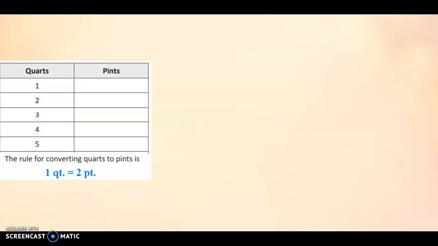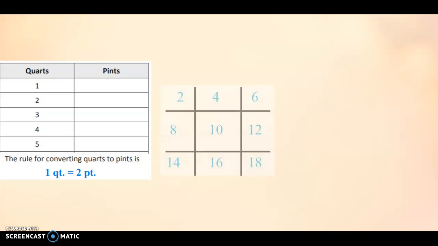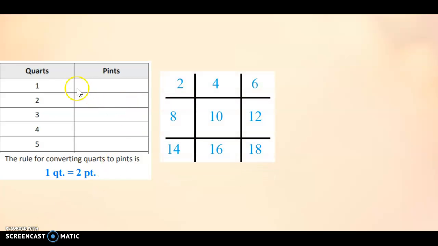In today's lesson, we're going to talk about converting quarts to pints, and the rule for it is 1 quart equals 2 pints. So you just keep counting by 2, which everybody's great at, right? 1 quart is 2 pints, 2 quarts is 4 pints.